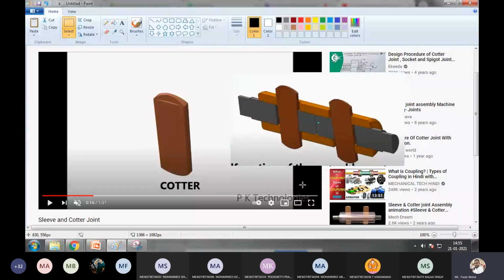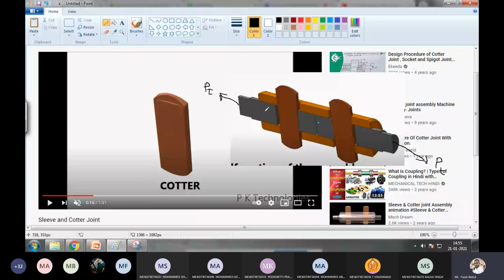Because of the tensile load application here, load PT and PT, what is happening?